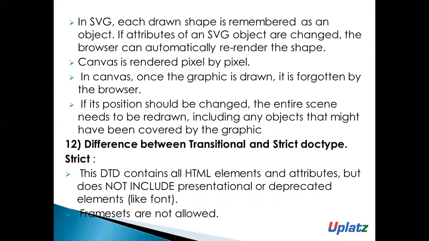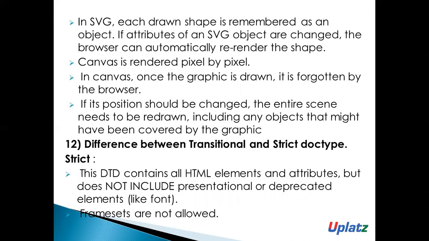In SVG, each drawn shape is an object, so if it changes, the browser can automatically re-render the shape. But canvas is rendered pixel by pixel. So if the position should be changed, the entire scene needs to be redrawn, including any object that might have been covered by the graphics.